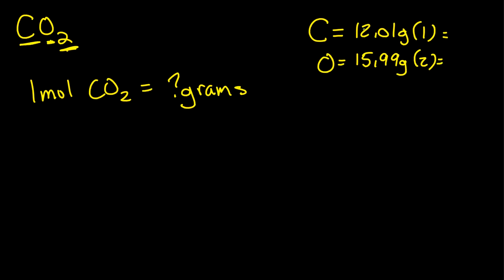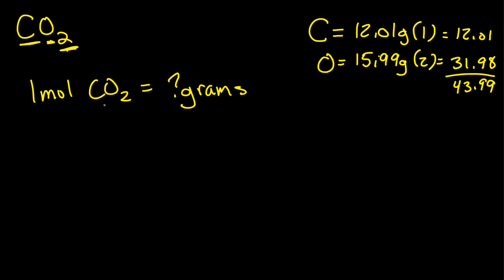I do a little bit of math. 12.01 times 1 is 12.01. 15.99 times 2 is 31.98. I add those values together and we get 43.99. So that means carbon dioxide has a molar mass of 43.99 grams per mole.